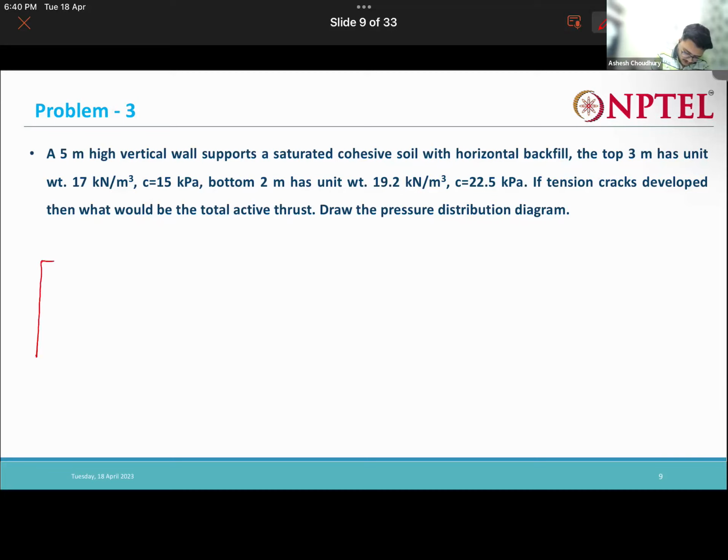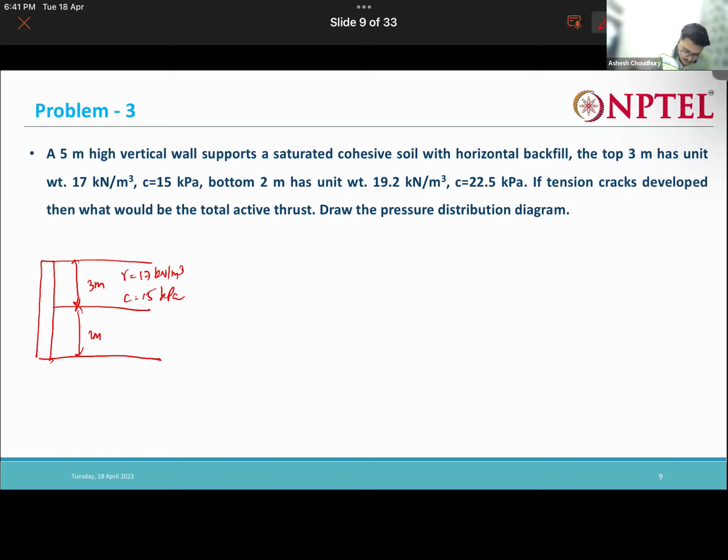So we have a retaining wall. This one is 3 meters, this one is 2 meters. Gamma is equal to 17. C is equal to 15.